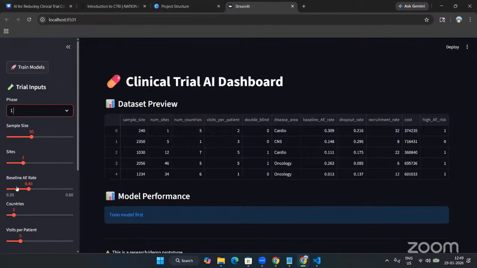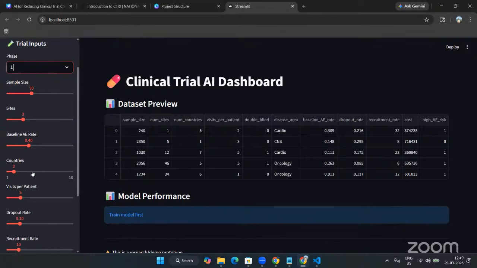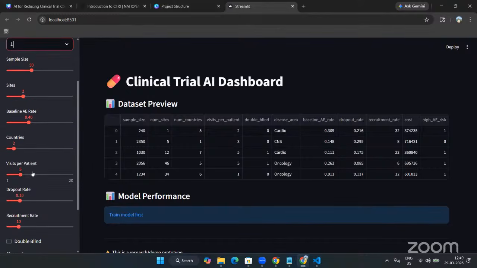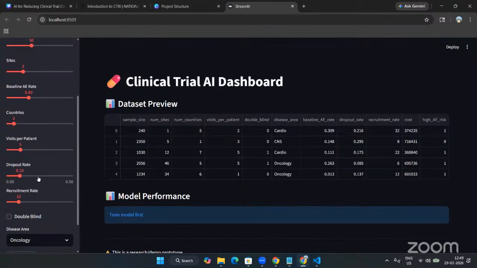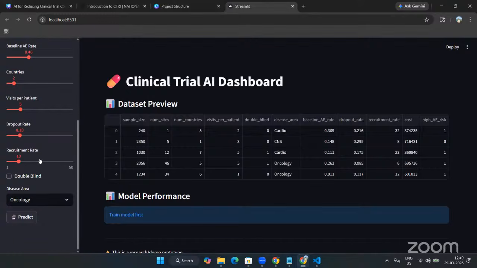Baseline adverse event rate is 0.20 to 0.80. Countries range is 1 to 10. Visits per patient range is 1 to 20. Dropout rate is 0.00 to 0.50, and recruitment rate is 1 to 50.